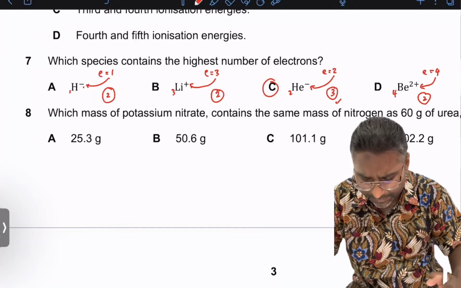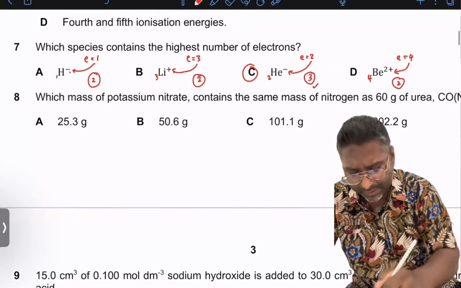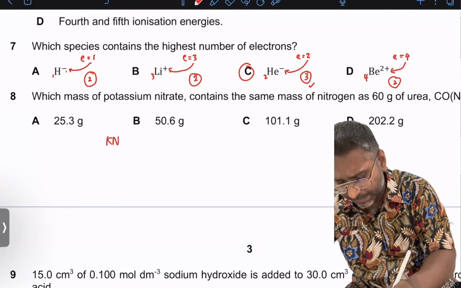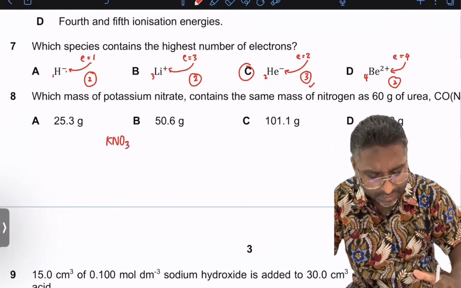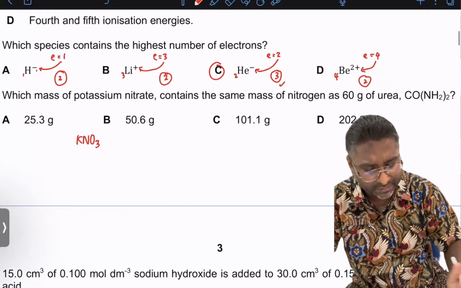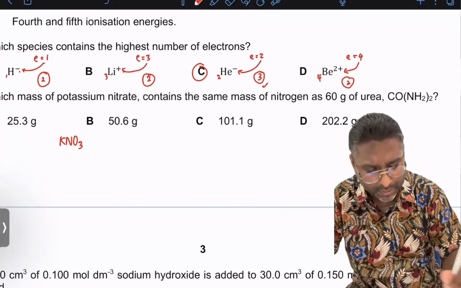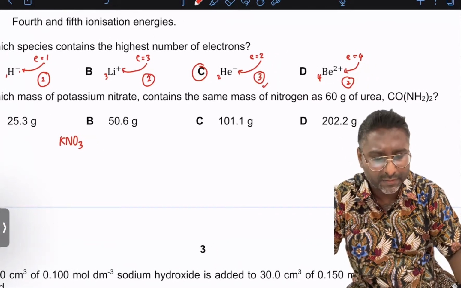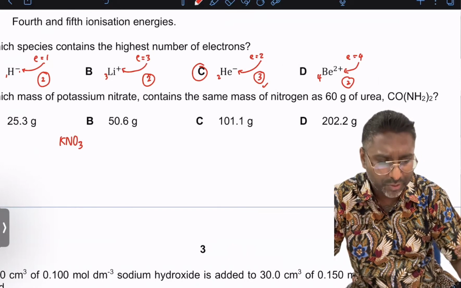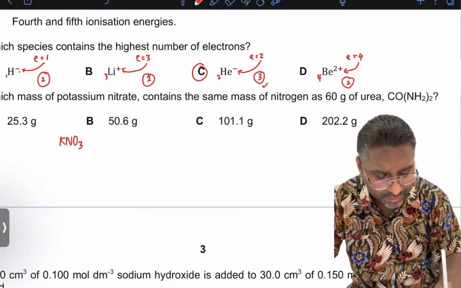The next question: which mass of potassium nitrate, KNO3, contains the same mass of nitrogen as 60 grams of urea? In order to solve this, it's better for you to change it to number of moles to look at it more clearly.